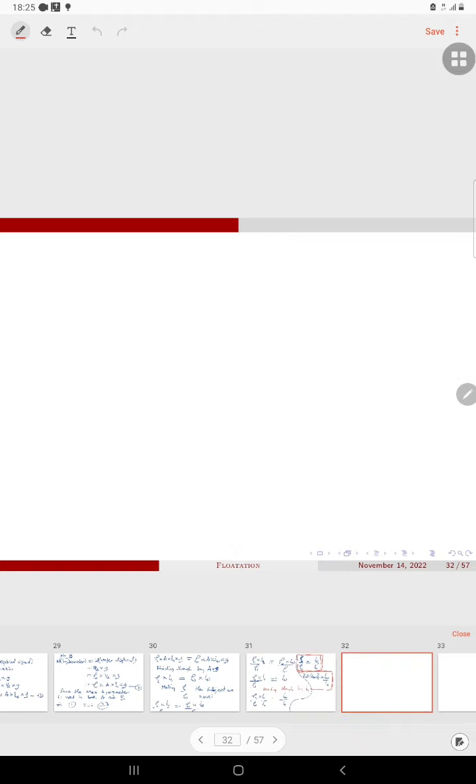So in summary, if you have the hydrometer, then density of the liquid over the density of water is equal to length of the submerged part in water over length of the submerged part in liquid.